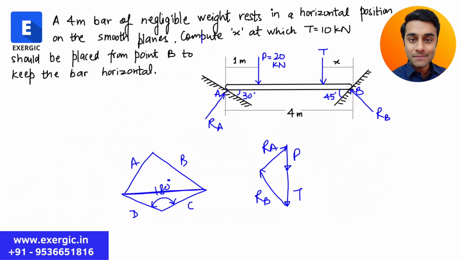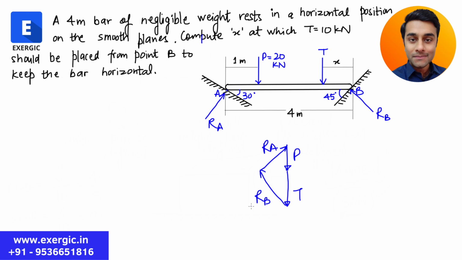C and D will form a straight line, right or not? So in a way you can also say, a different way to look at it is that it is still a polygon with four sides, right? But P and T are two sides having an angle of 180 degrees between them.